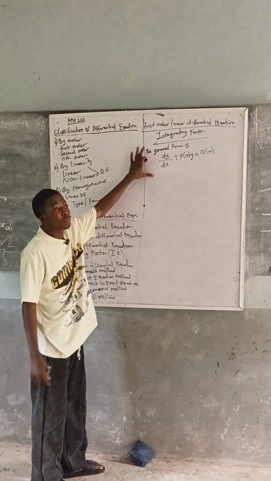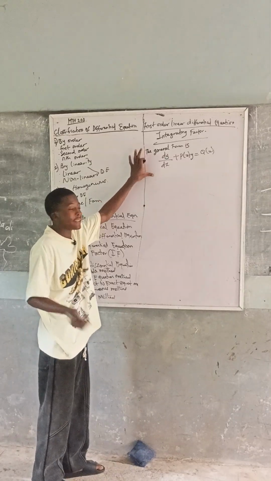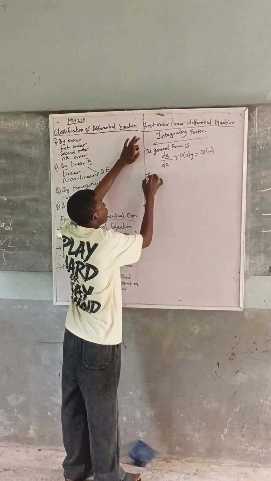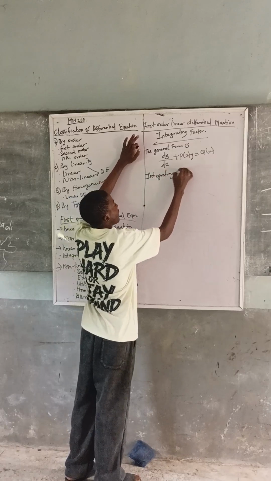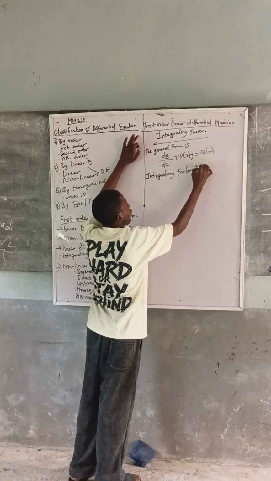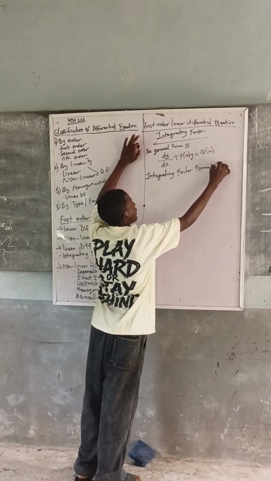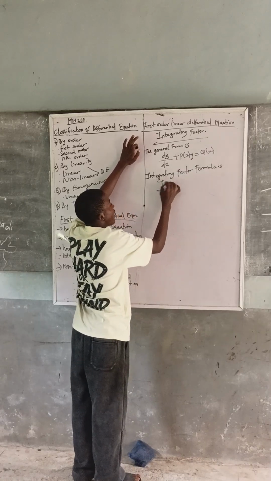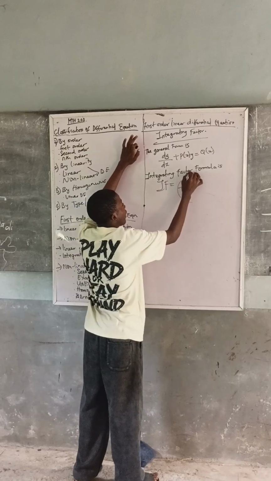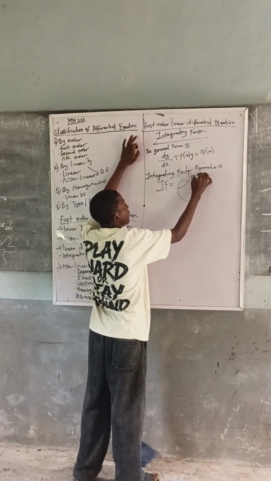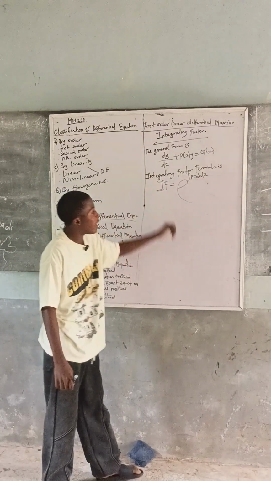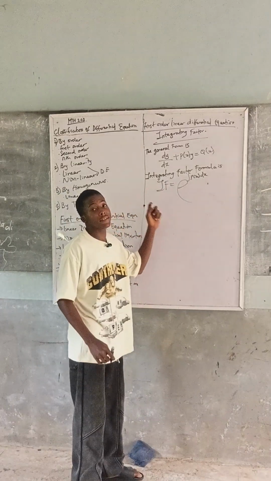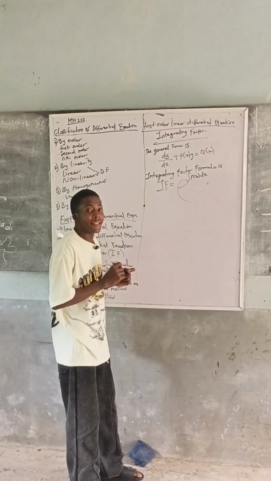Yes, that's the form. It must be in that form. When we solve an example, you'll be getting it. Now, the integrating factor formula: IF equals exponential integral P of x dx. You have to note that. That is the formula of the integrating factor. Do we get it?